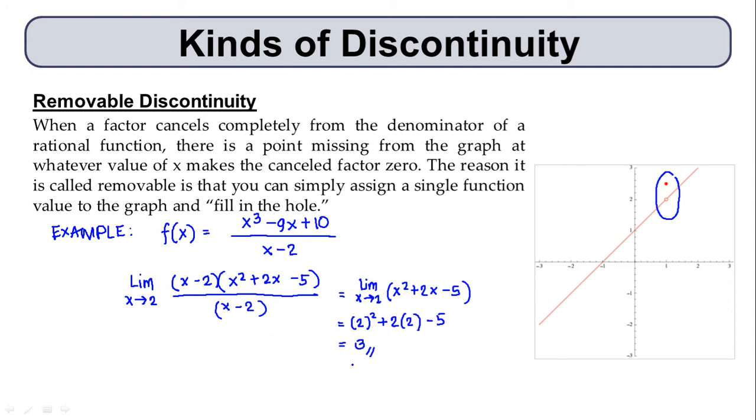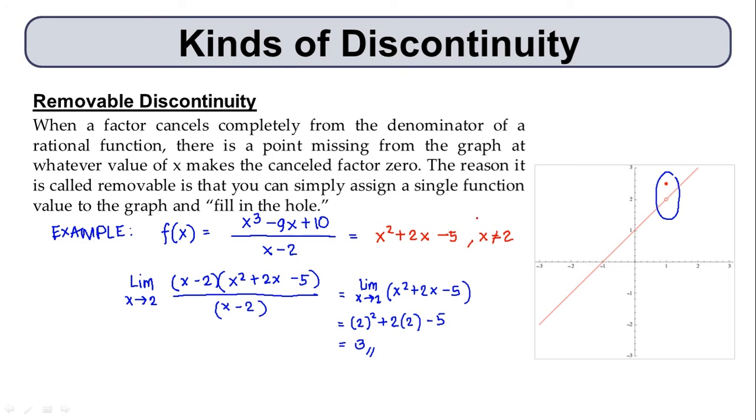So, yung ating expression niyan is equal to x squared plus 2x minus 5, pero x is not equal to 2. Okay? So, ganyan siya.